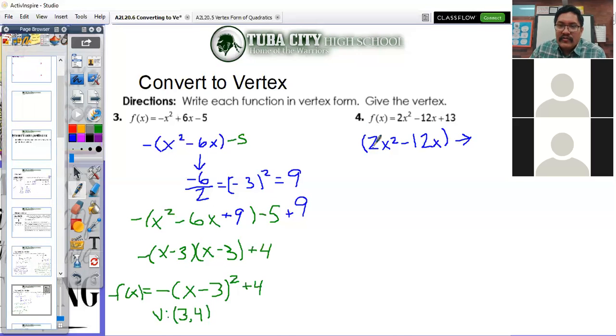So this number is 2 times 1, and this number is 2 times 6. So what we're going to do is remove a factor of 2 because they both used 2 in their multiplication. So take out a 2, or again, it's kind of like dividing, but it's not technically dividing. So I took away a factor of 2 from both of them.